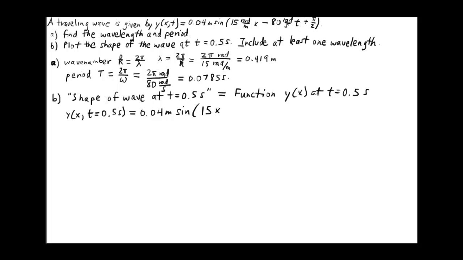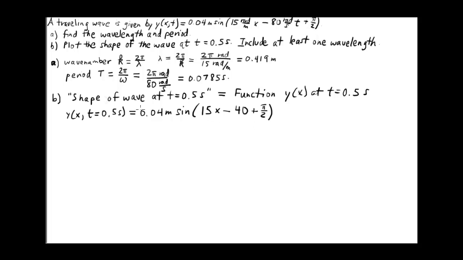If we plug in t equals 0.5, half of 80 is 40, so it's minus 40 in units of radians, right? Because time in seconds multiplies radians per second to give radians. And then we have plus pi over 2. Pi over 2 being this phase constant that was in the wave function to start with.